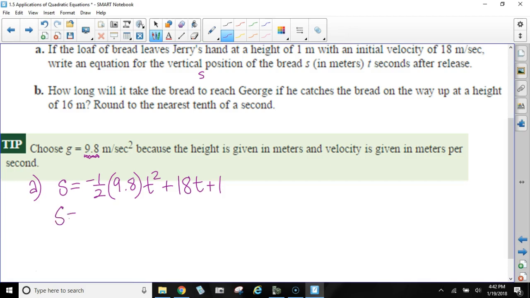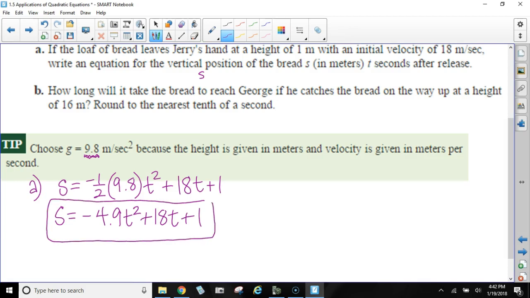When we clean this up, -1/2 times 9.8 is -4.9. So we have -4.9 t squared plus 18t plus 1. From this model, we're going to be able to make all kinds of predictions about this whole scenario where he's throwing this marble rye up into the air to his friend leaning out of a third-story window.